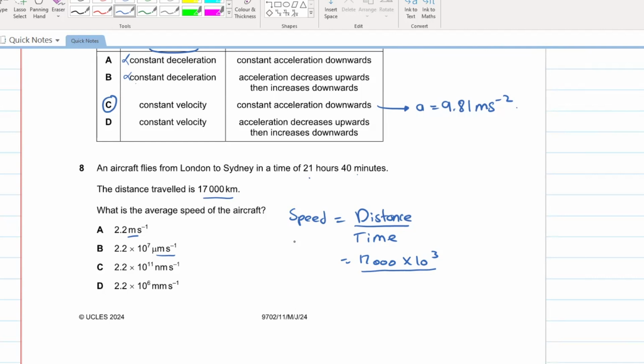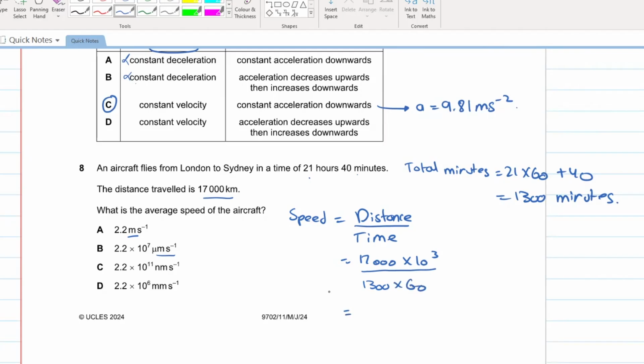So what will be the total amount of minutes? Beta, how many minutes will it be? Can any genius tell me how many total minutes will we have? Total minutes will be 21 into 60 plus 40. This is equal to 1300 minutes. Can anyone tell me how many seconds will we have? Yes, 1300 into 60. Simple.